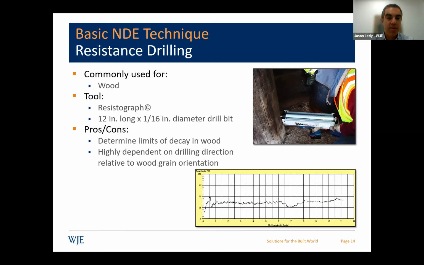Obviously, if it's decayed, you're not going to have much resistance. However, if the wood is sound, you're going to have a higher resistance. With this device, you want to do multiple tests. It's highly dependent on the drilling direction relative to the wood grain orientation. So those need to be considered.